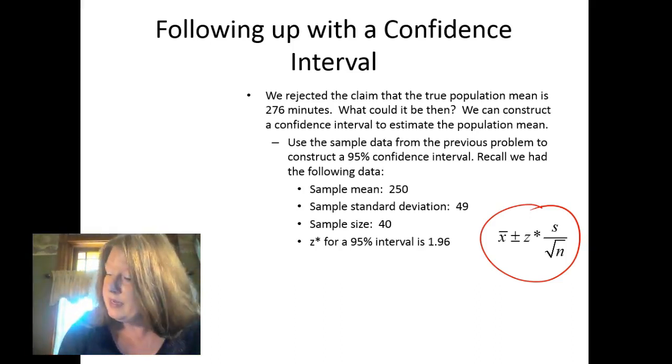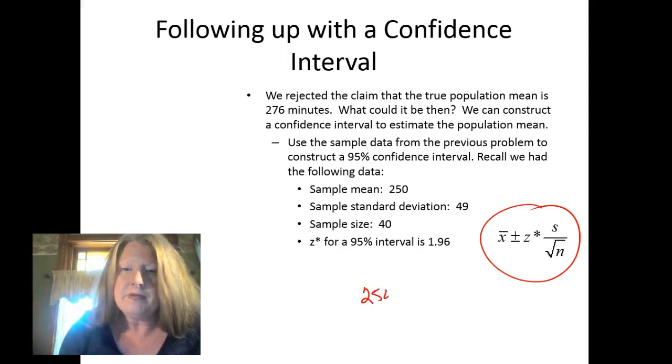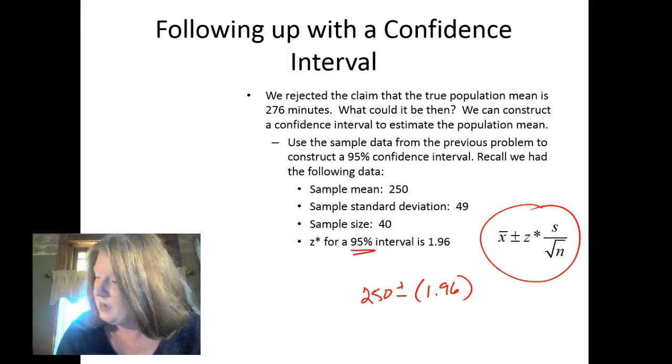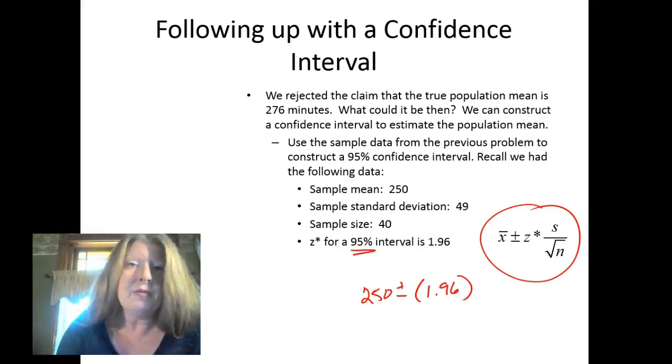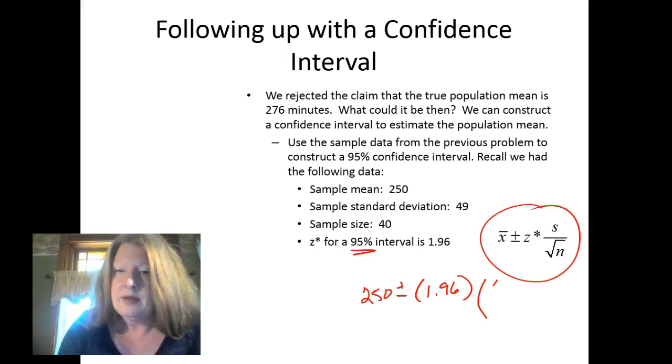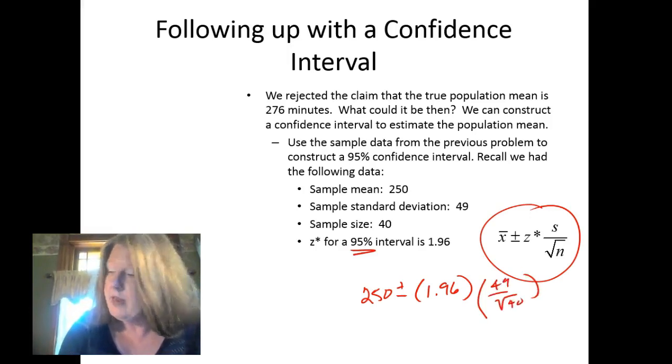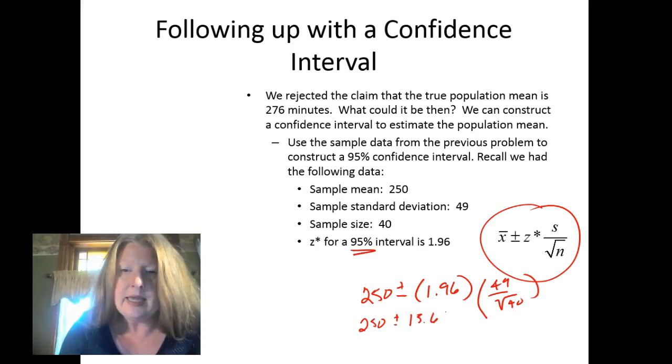Plugging everything in, we get 250 plus or minus z star, which is 1.96 because we're assuming 95% confidence. You'll see that relates to using an alpha level of 0.05 or 5%. Then we take 49 divided by the square root of 40, and we end up getting 250 plus or minus about 15.68.